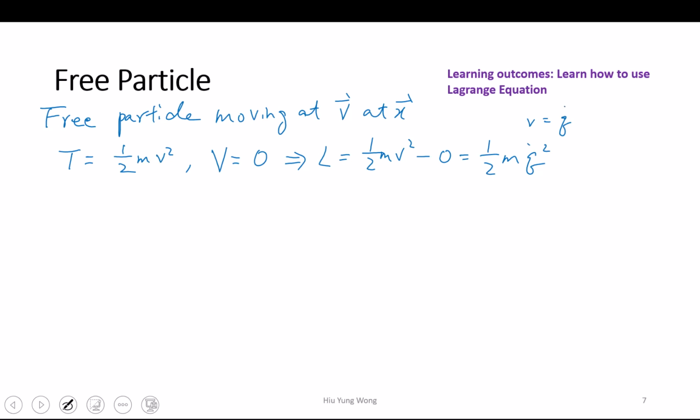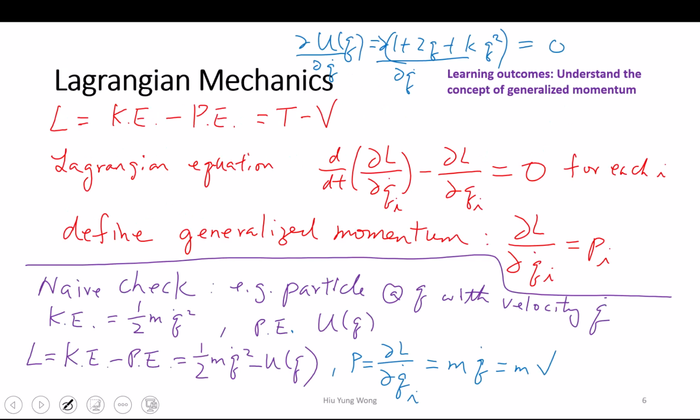So with this, I want to find the equation of motion. How is this particle going to move? Then I use the Lagrange equation that we learned earlier. Again, this one, if you forgot.